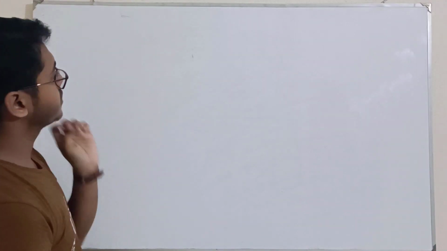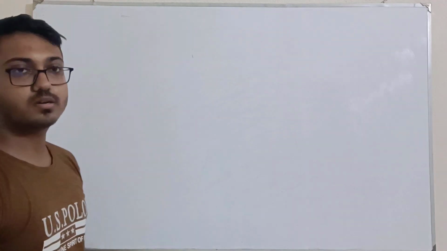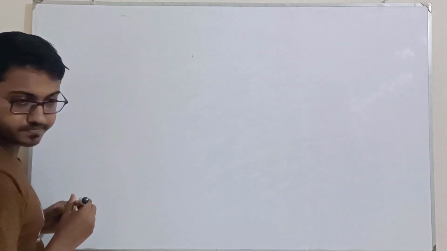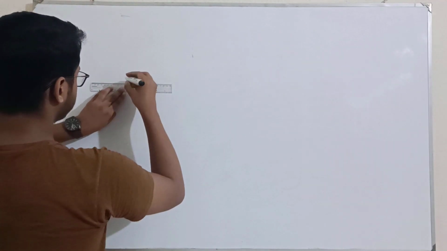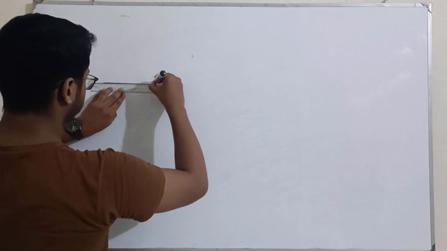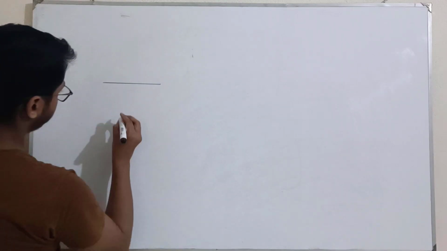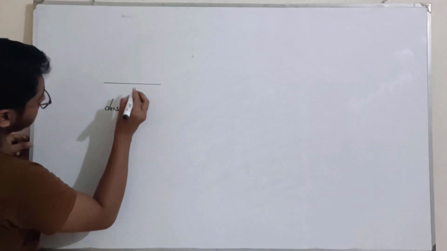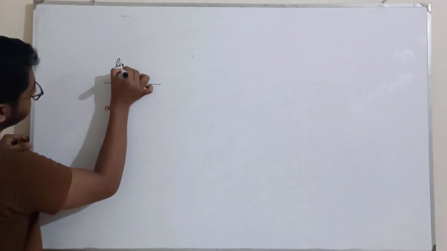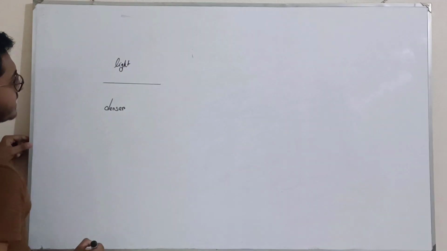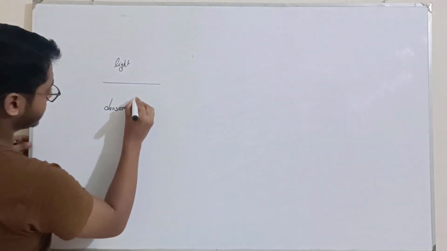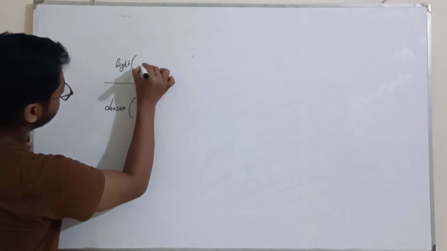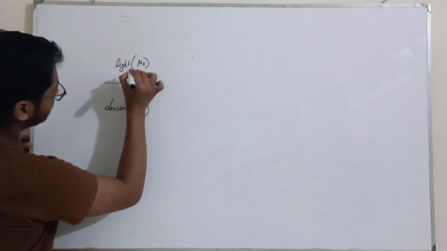Now, we already learnt about critical angle. So what was critical angle? If I had one surface like this, with the denser medium on one side and the lighter medium on the other. Suppose the denser medium has a refractive index of nu1 and the other has nu2.